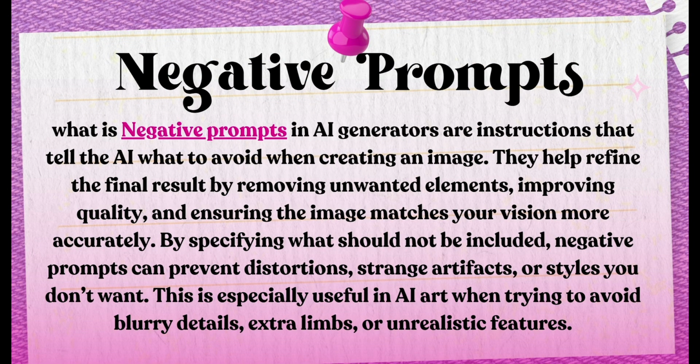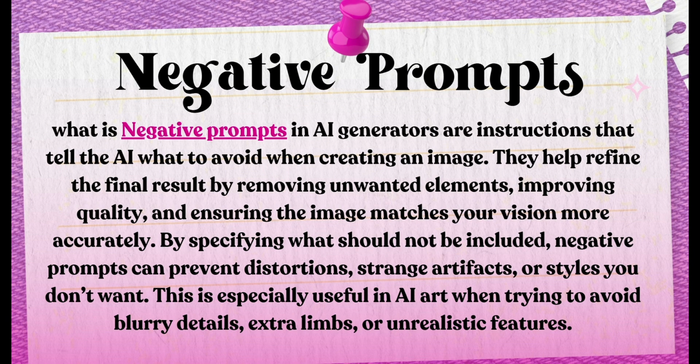All right, so negative prompt. What is a negative prompt? In an AI generator, negative prompts are instructions that tell the AI what to avoid when creating an image. They help refine the final result by removing unwanted elements, improving quality, and ensuring that the image matches your vision more accurately.